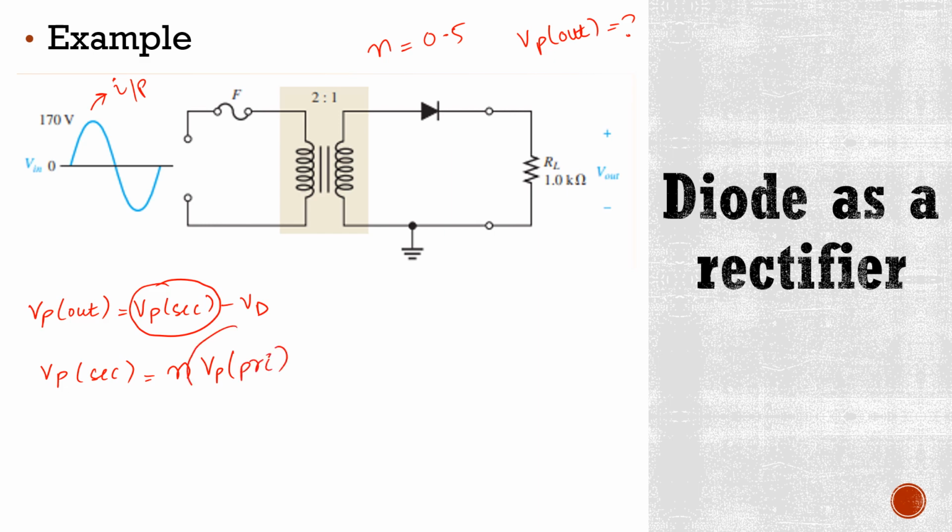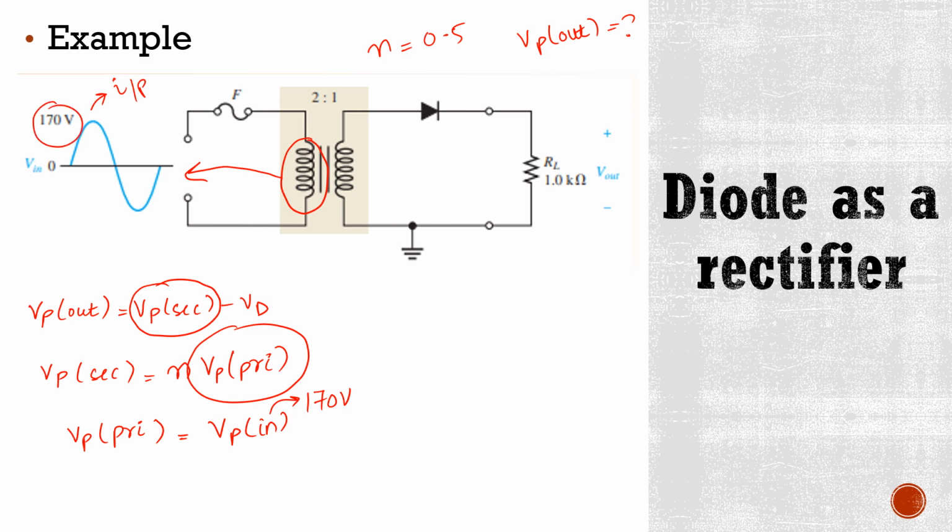Now, what is this peak primary voltage? This voltage here is equal to peak input voltage. It means here peak primary voltage is equal to peak input voltage. We know that this input voltage is 170 volts, as you can see here. It means this peak primary voltage is equal to 170 volts.